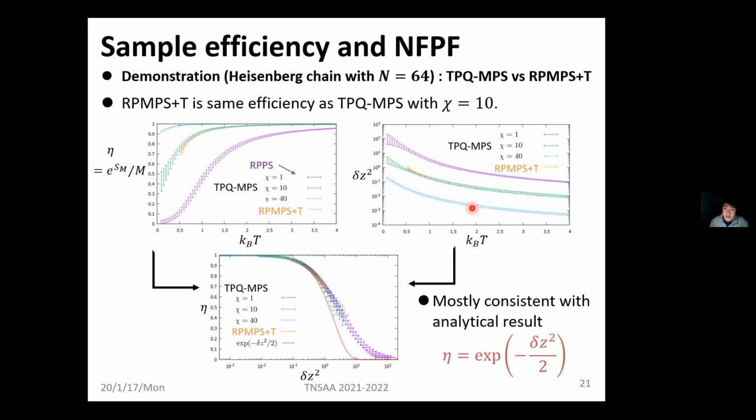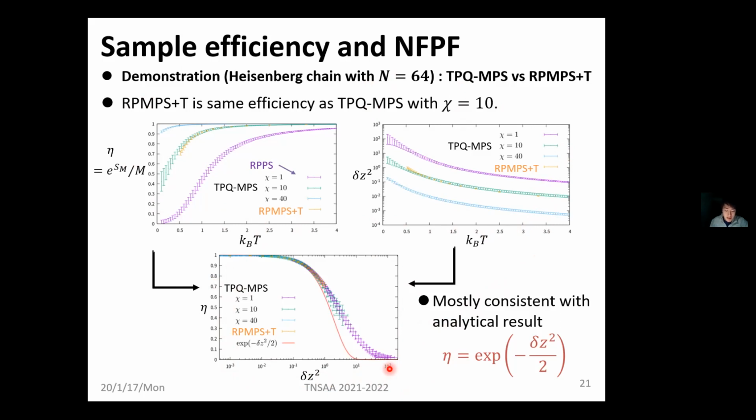We find that delta Z square is large for chi equals 1, and for chi equals 10, TPQ-MPS equals the RPMPS plus T. Using the two data, we plot the efficiency as a function of delta Z square for all different temperatures and different methods.